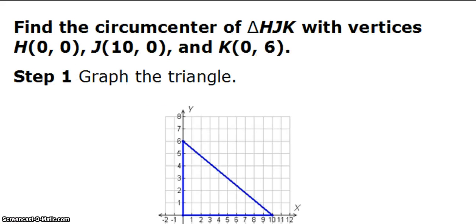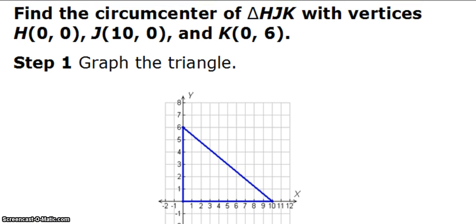Okay, we're asked to find the circumcenter of a triangle with vertices (0, 0), (10, 0), and (0, 6). So the first step would be to graph this triangle, which has been done for you. You have it in your notes. And then the second step of finding a circumcenter would be to find the perpendicular bisectors of the sides, right?